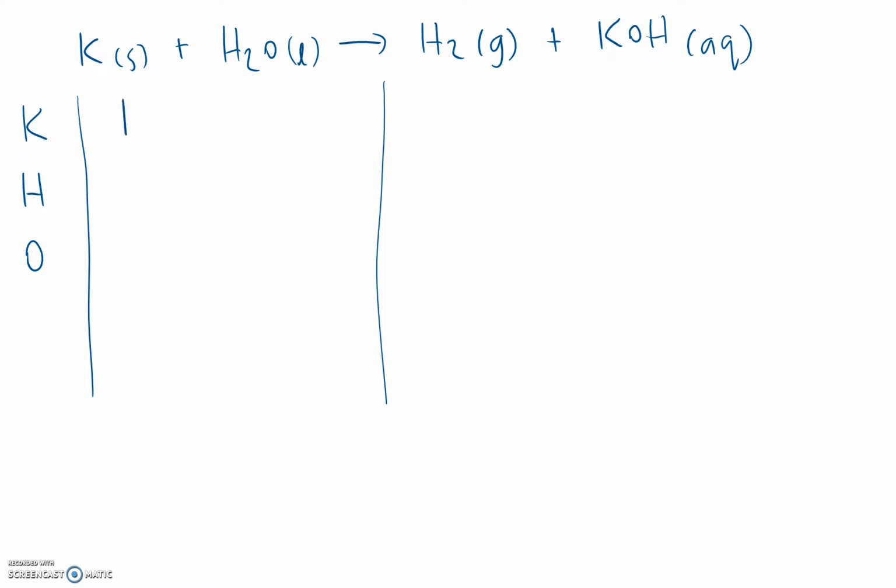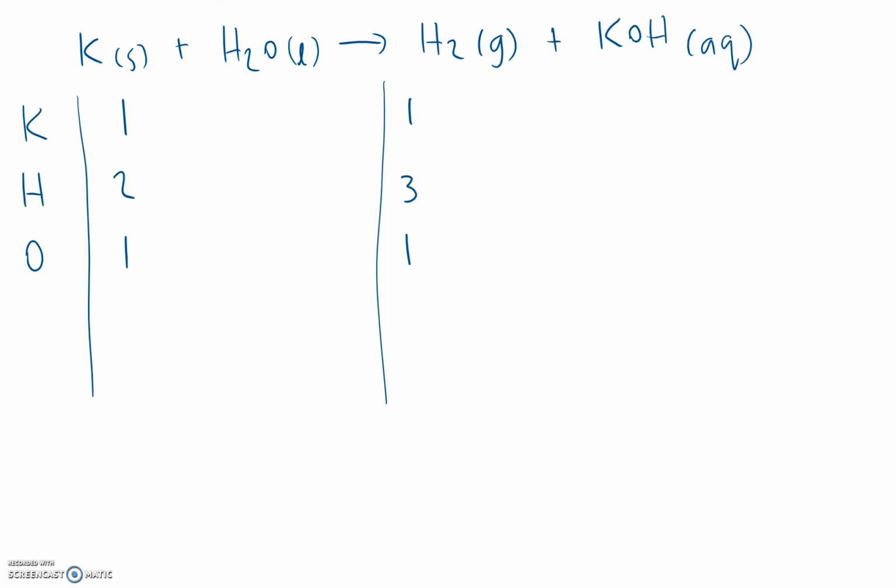We have one potassium atom, we have two hydrogen atoms and one oxygen atom on the left, and then I write down what we have on the right. We have three hydrogen atoms, one potassium atom, and one oxygen atom.